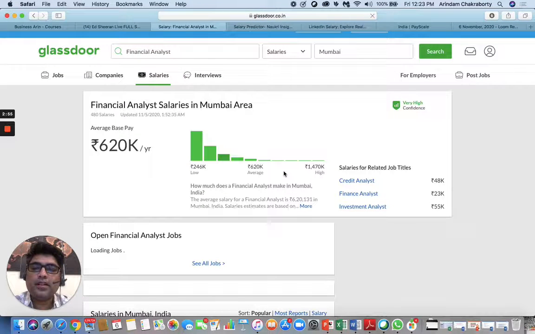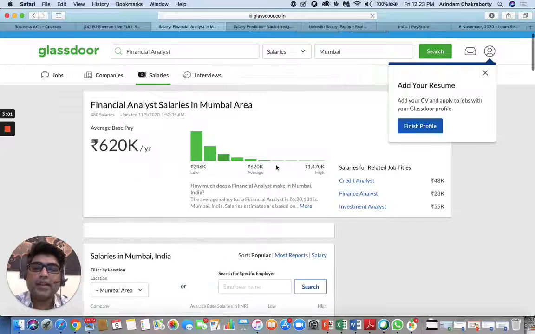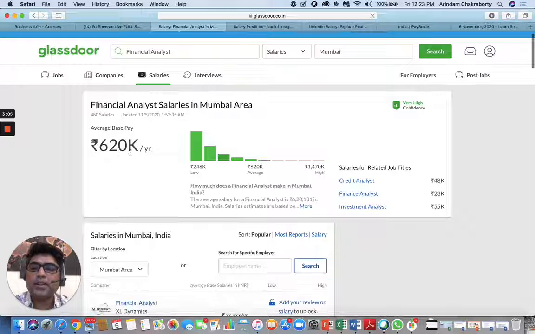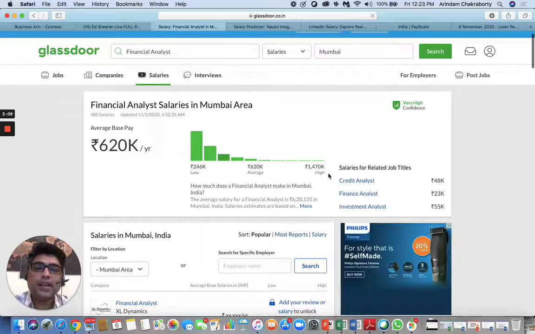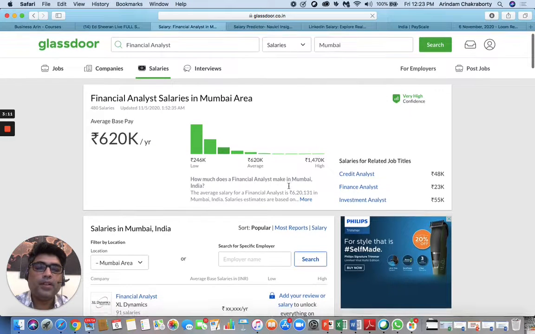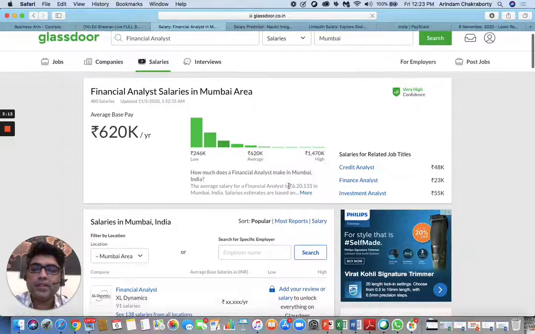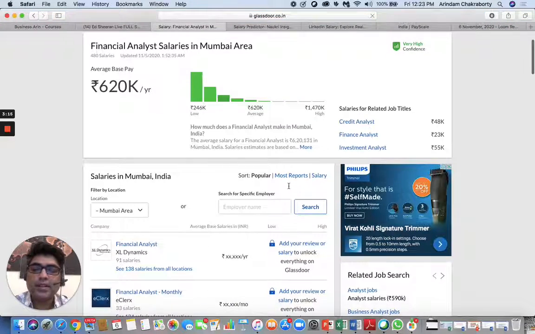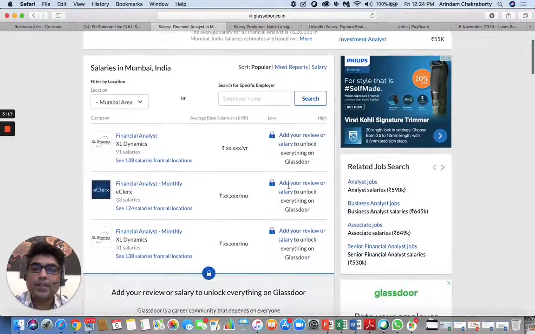So over here you get to understand what is on the lower side and what the average base pay is, right? So it's coming to be 6,20,000 per year, right? And this is on the higher side, right? Obviously it is going to depend on your years of experience and things like that, right?